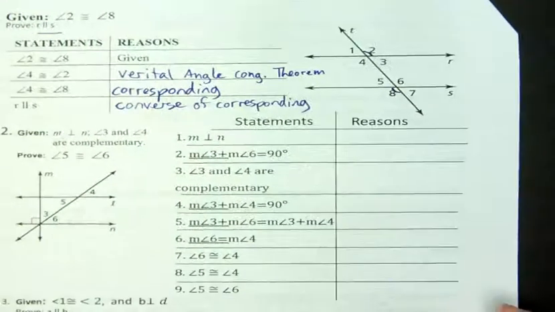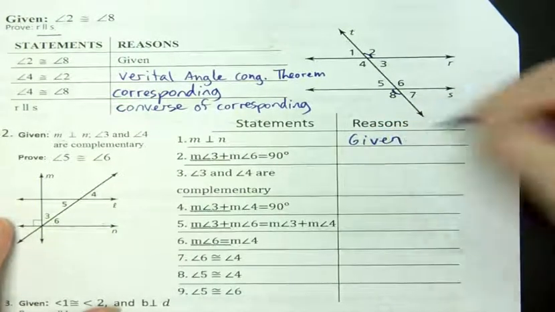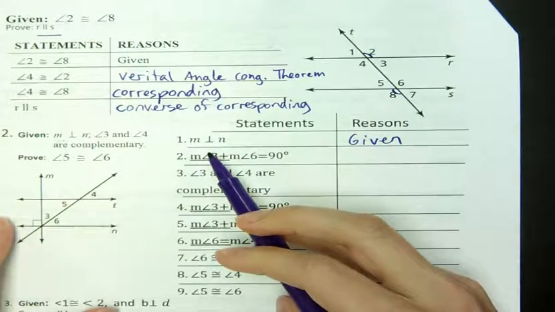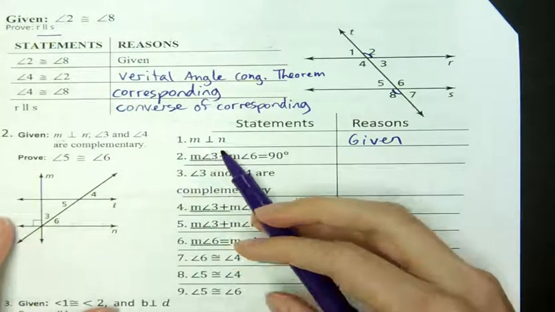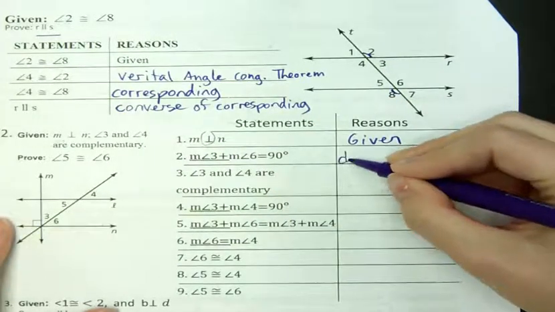All right, second one. What's my reason for the first? Given. What do I do when I have a symbol like that in my given? I define it. So that's my definition.